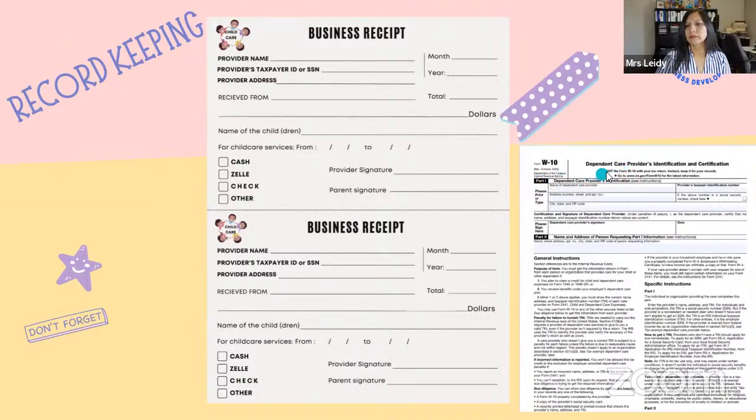This form is called the Dependent Care Provider Identification and Certification. Here, you're gonna put your name, your street number, your address, city, state, all information. Here, you're gonna put your social security or your provider tax ID identification number, your EIN. So that's what I have. And then last, you're gonna put the date.